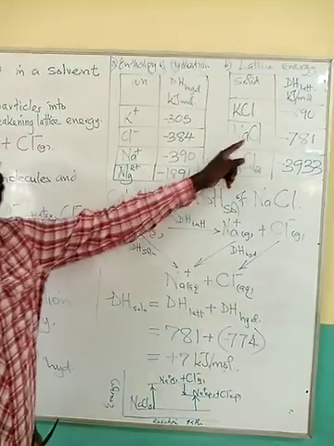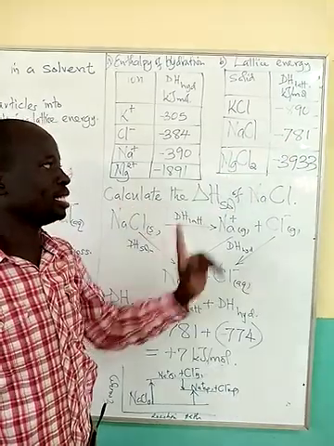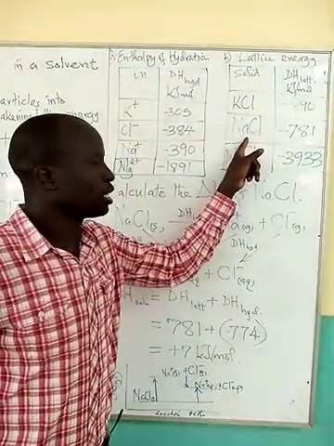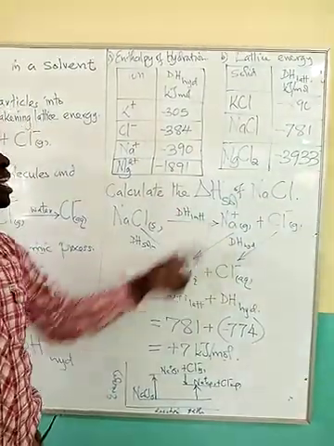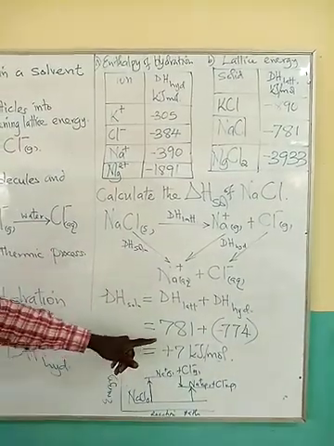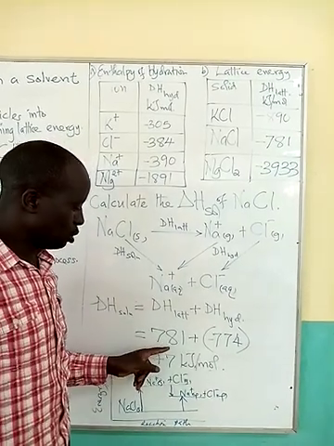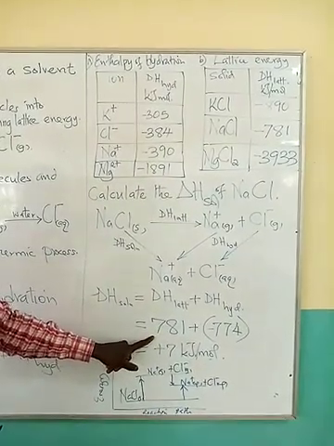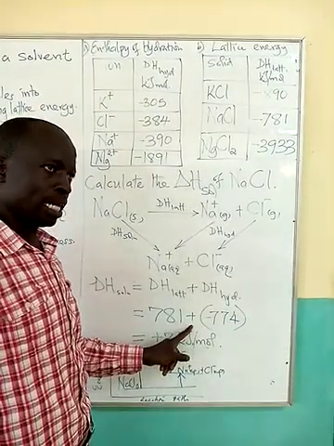When bond breaking takes place, it is an endothermic process, and the energy absorbed during the bond breaking is equal to that released in the formation of sodium chloride, the lattice energy. Therefore, we take the absolute value: 781 negative, we take it to be positive because we are now breaking the bond. Therefore, it becomes 781 plus the hydration energy.